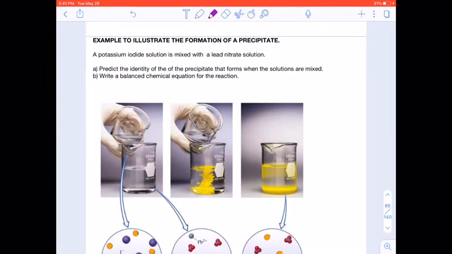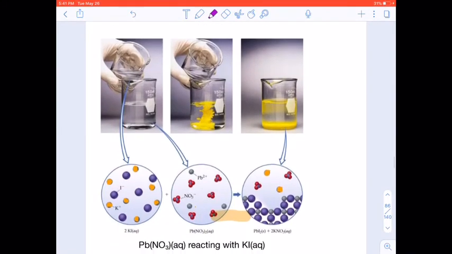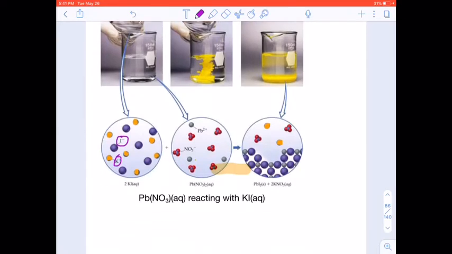Right, now let's illustrate the formation of a precipitate. We have a potassium iodide solution mixed with a lead nitrate solution. Here we have potassium iodide solution, and we're mixing it with a lead nitrate solution.